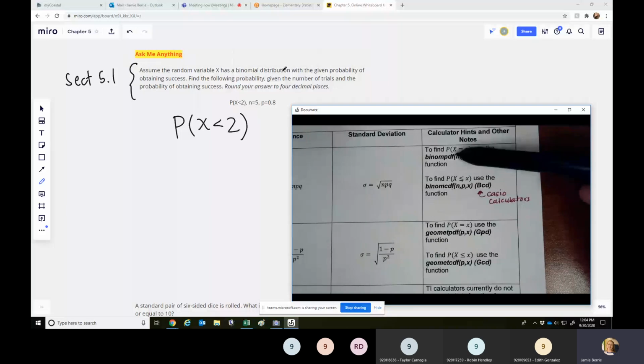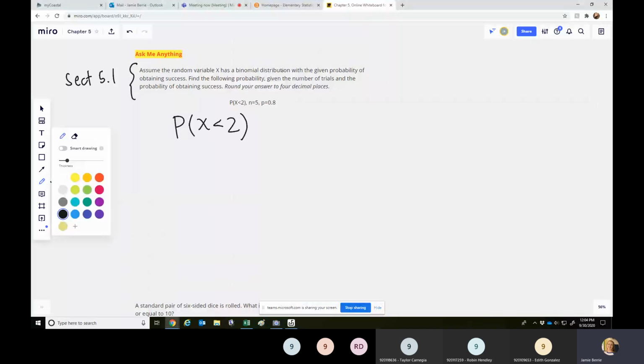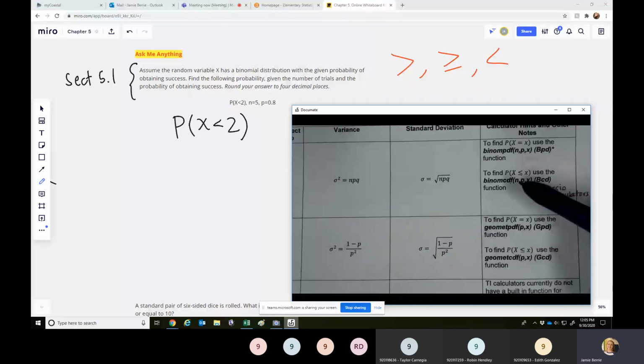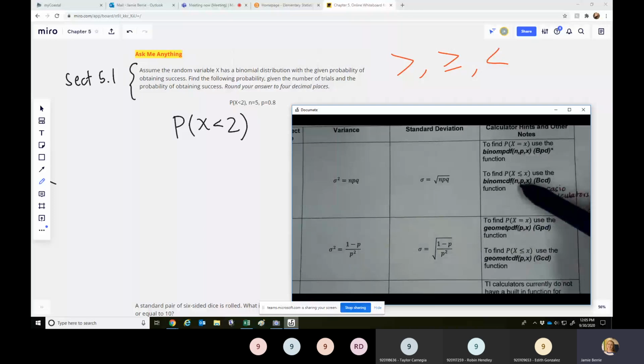Now, the other inequalities that we talked about, remember those were greater than or equal to, and less than. Your calculator is not programmed to deal with these types of inequalities. So we have to make some adjustments to our probability statement so that we force it into one of these forms. And I showed you how you could do this either way.